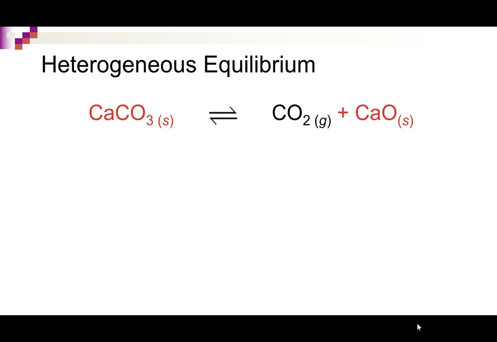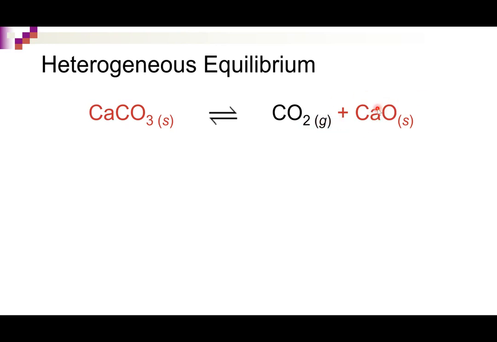So one of the things to note here is that the state will always be given right after the formula. So here I see calcium carbonate, and then I see an S. This S tells me that it's in the solid state. It's a solid chunk of calcium carbonate. This is carbon dioxide, and carbon dioxide is a gas, so that's why it's got a G here.